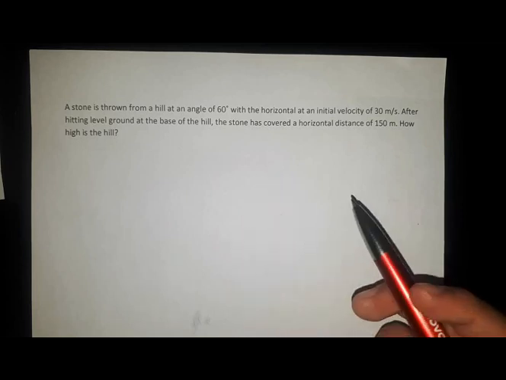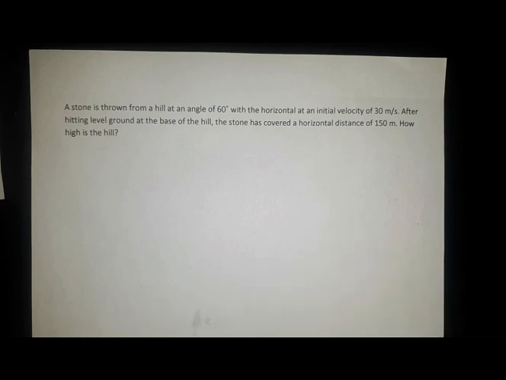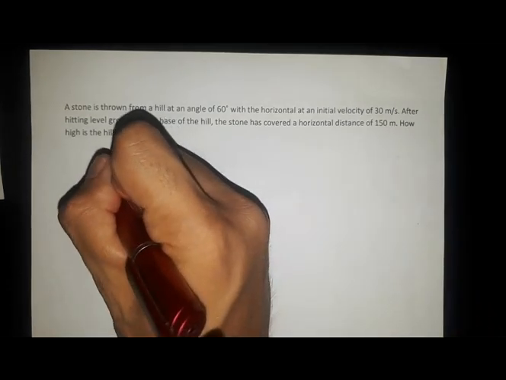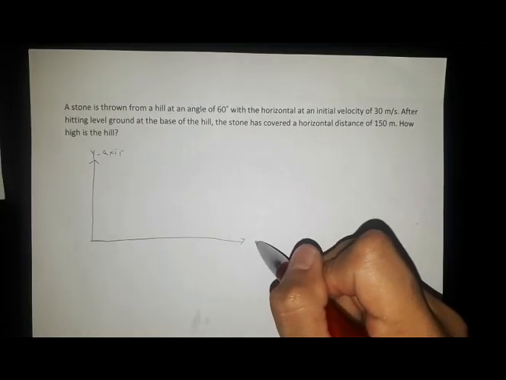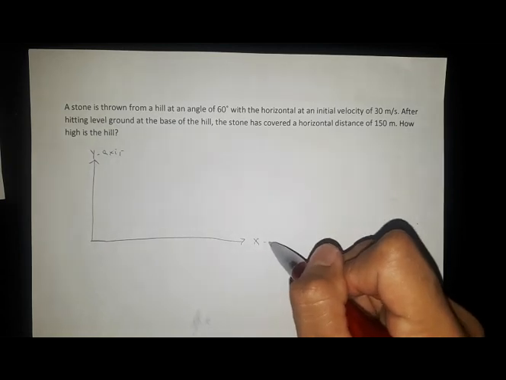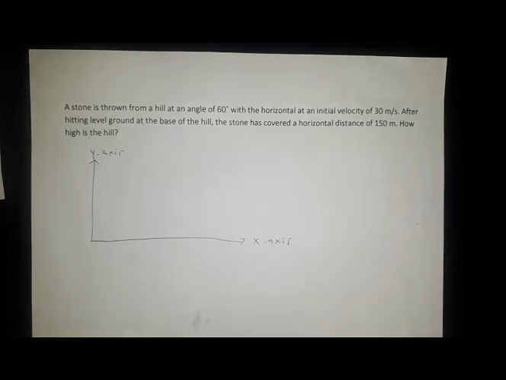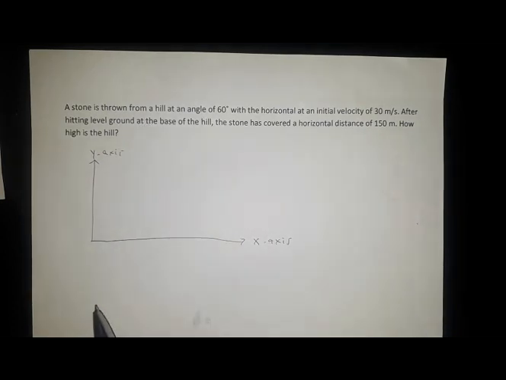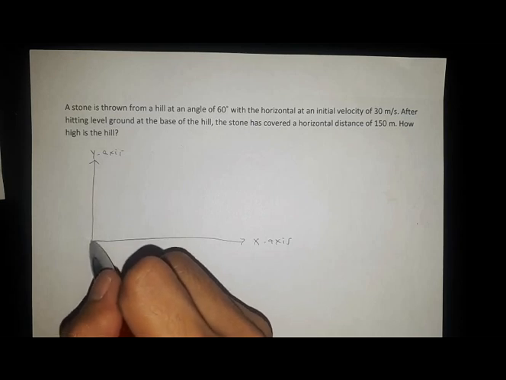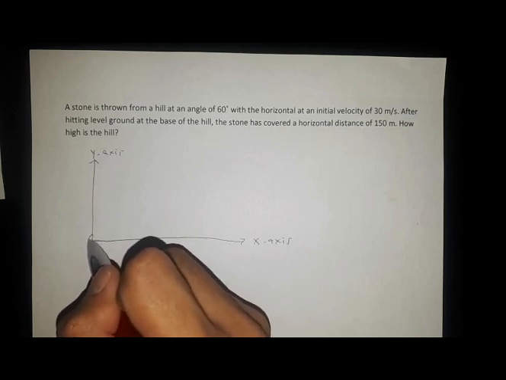So let's establish first the coordinate system to analyze. So we have here your y-axis, and you have your x-axis. Now, a stone is thrown from a hill. So let's make this your hill. So this is the origin of the stone.